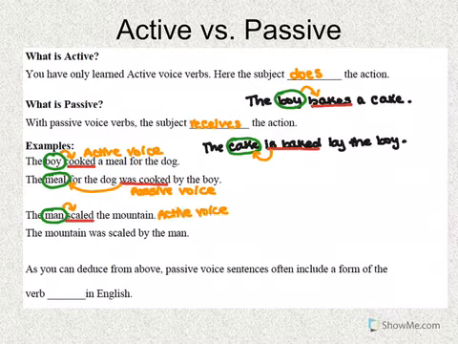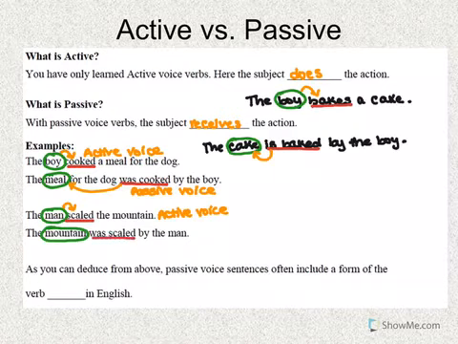What about the sentence below? Once again, try and find the subject and the verb on your own. Okay, our subject is the mountain, and our verb is the phrase was scaled. In this case, the mountain is the one who's receiving the action. It's what's being scaled.